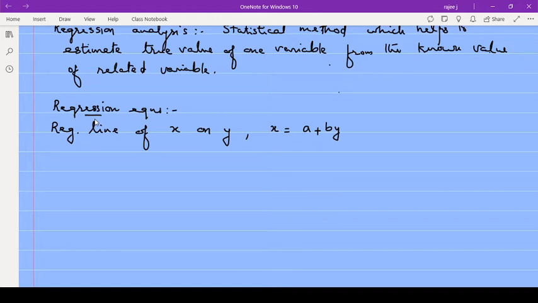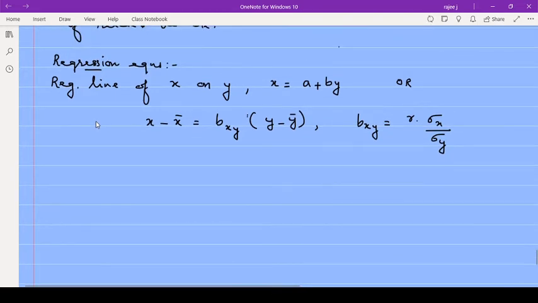Okay. There is one more formula, or this is the simplest one, or it can be x minus x bar is equal to bxy into y minus y bar, where bxy is called the regression coefficient, which is given by r into sigma x upon sigma y. Okay, this is important, you need to remember this.